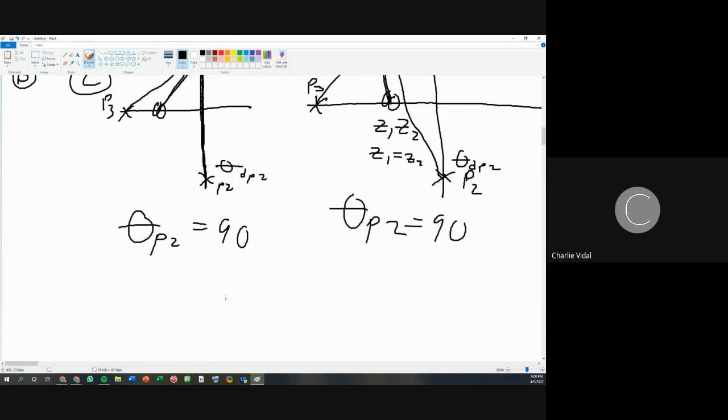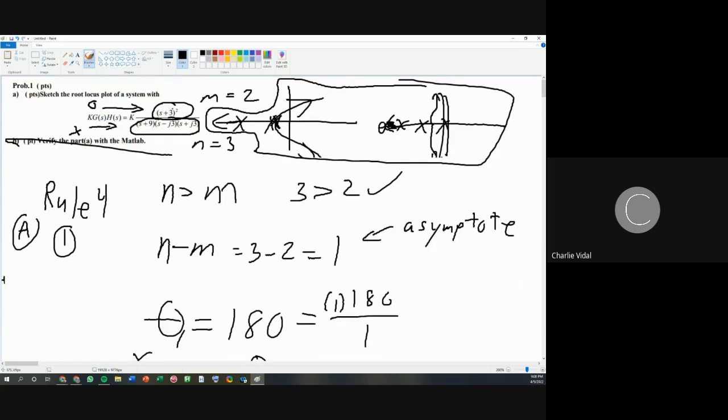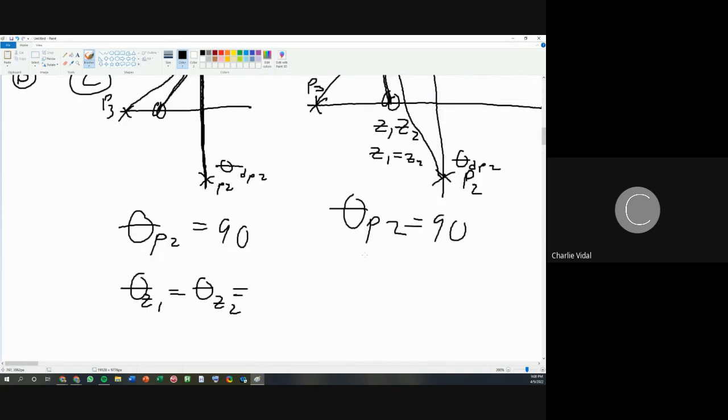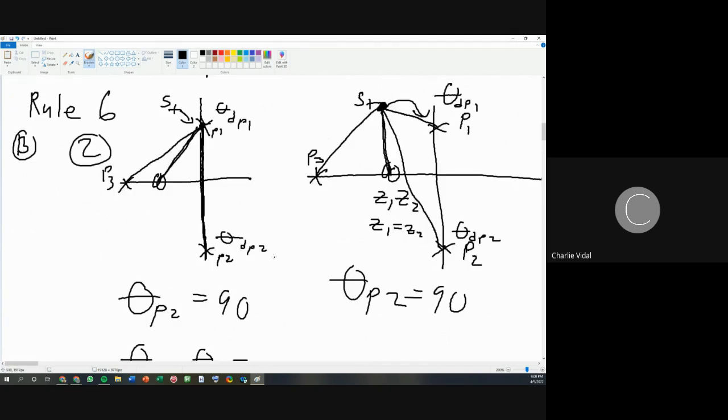I don't remember where the zeros are, we'll find that out. Theta Z1 is equal to theta Z2, which is equal to, it was at -3, s plus 3 squared. So there are two zeros at -3.